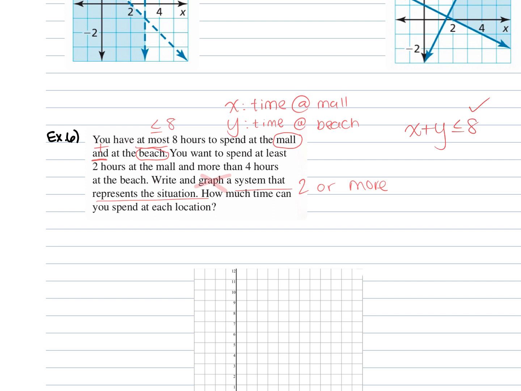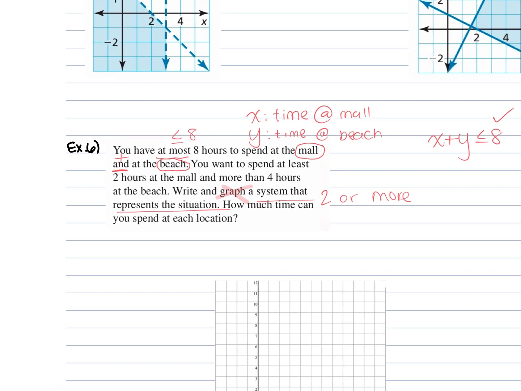Any questions on that one? Okay. Now comes the next two inequalities. You want to spend at least 2 hours at the mall. What inequality would represent that? Matthew?